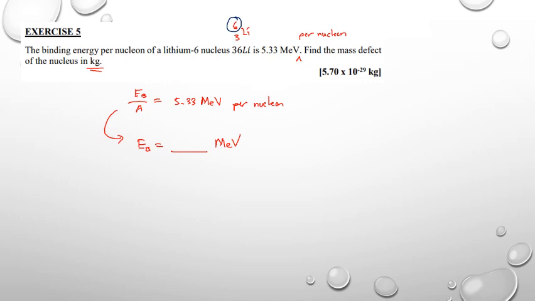Since it is in MeV, what we know is EB equals delta M times 931.5. So from here, you calculate delta M, and the unit should be in U. But don't forget that the question is asking for the unit in kg. Therefore, once you get delta M in U, you then have to convert it into kg. So that is how you solve question 5.